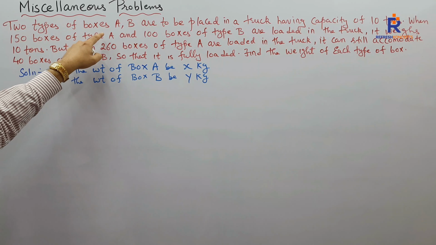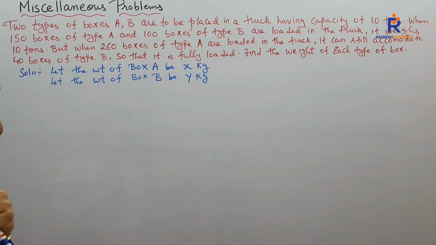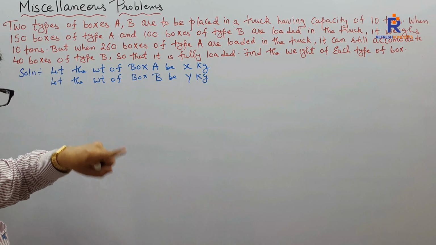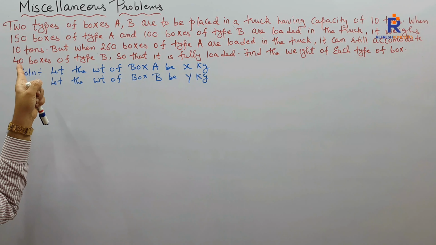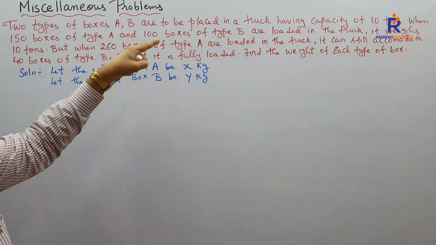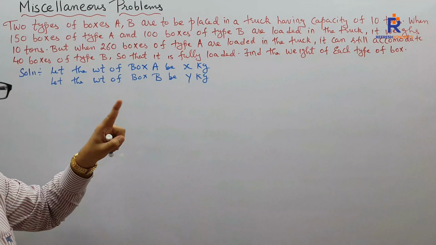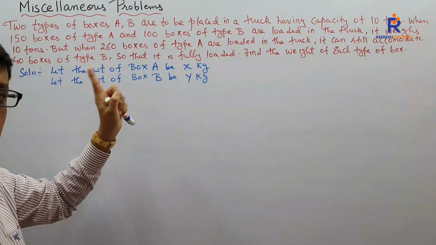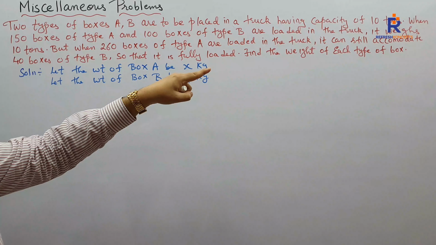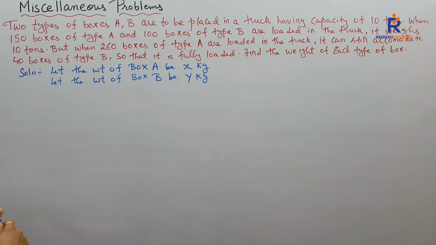Two types of boxes A and B are to be placed in a truck having capacity of 10 tons. When 150 boxes of type A, one box weighs x kg, 150 boxes will weigh 150 into x, and 100 boxes of type B, one box B weighs y kg, 100 boxes will weigh 100 into y, are loaded, it weighs 10 tons.